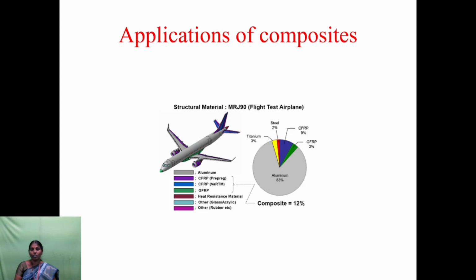So we use 12% composites in the aircraft. Due to the heat resistance, low thermal expansion and conductivity, corrosion resistance, and ability to withstand the atmosphere, that is outdoor use, we can use the composite material for this particular field.